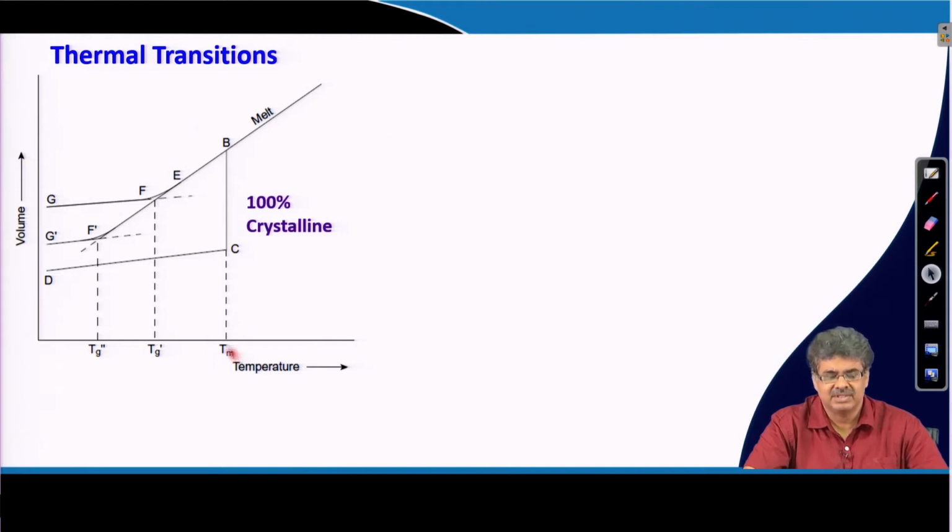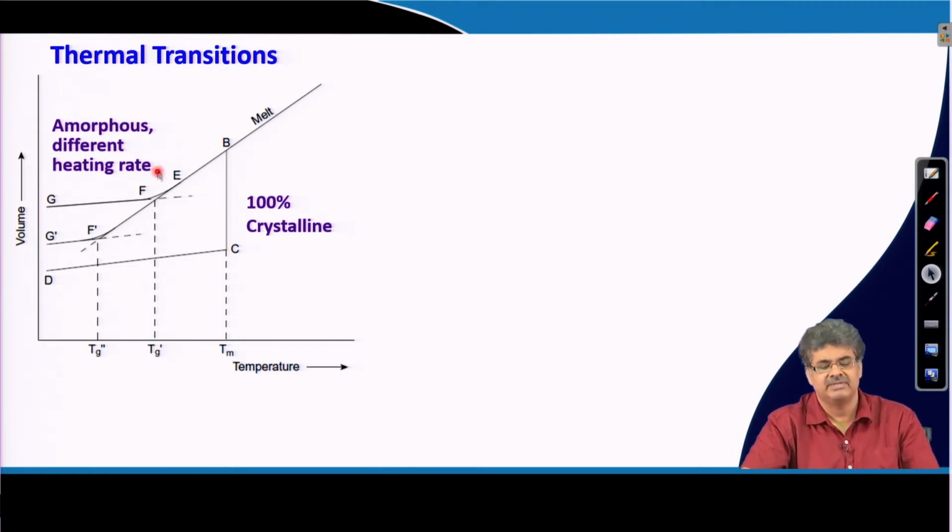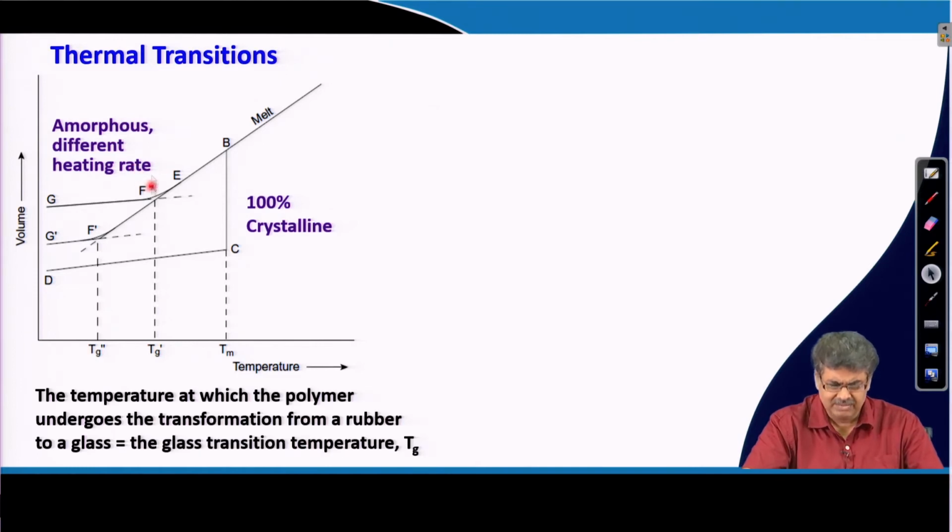For 100% amorphous, we get a glass transition temperature, but unlike the melting temperature, the glass transition temperature actually varies depending upon different heating or cooling rates, because this determines the time a polymer molecule can get to reorganize themselves and compact or expand.